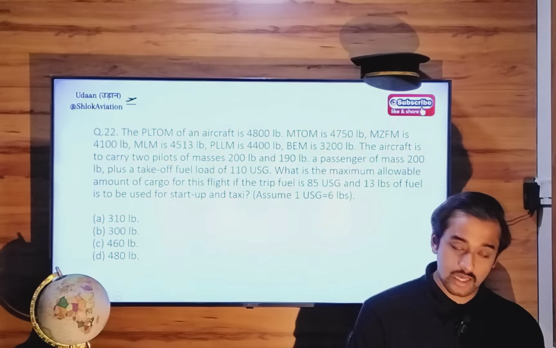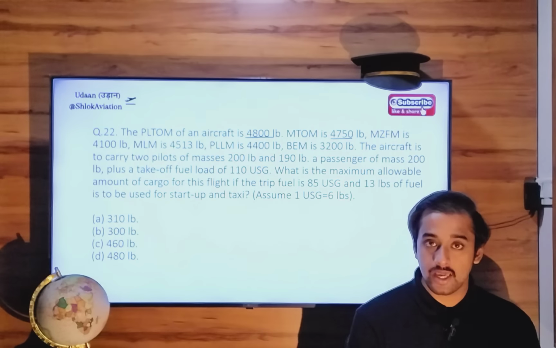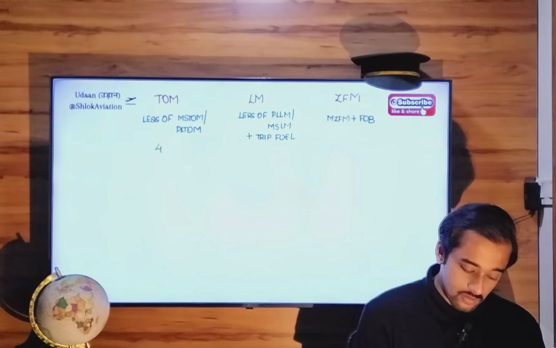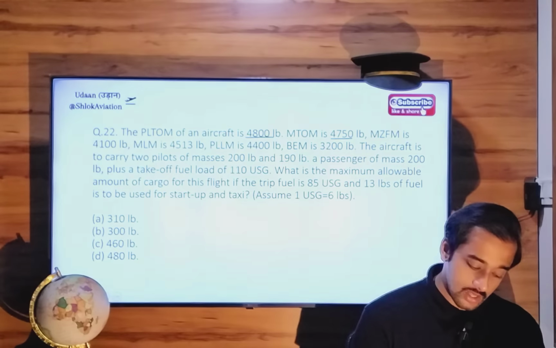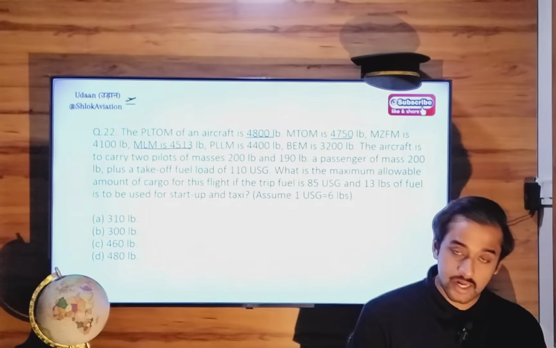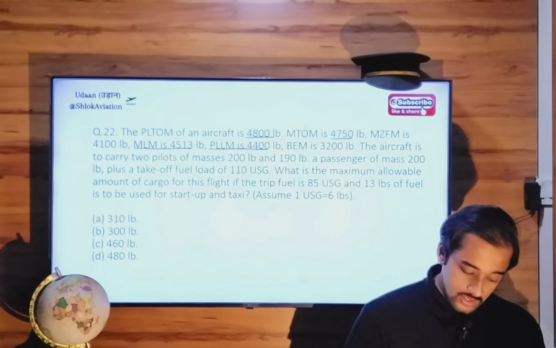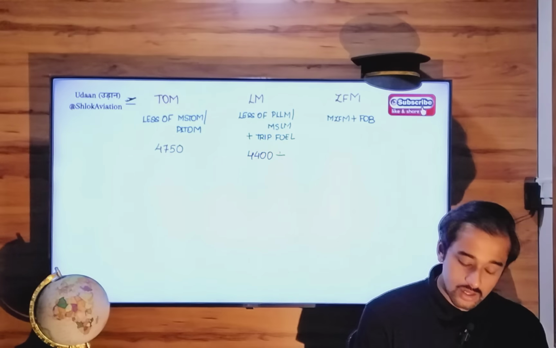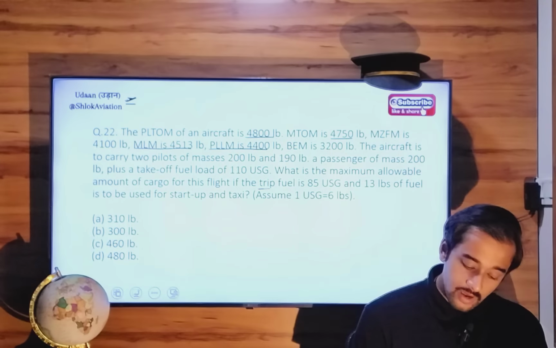Let's start. In case of takeoff mass, two values: 4800 and 4750. Select 4750. In case of landing mass, two values again: 4513 and performance landing mass 4400. So select 4400. Trip fuel is 85 US gallons.